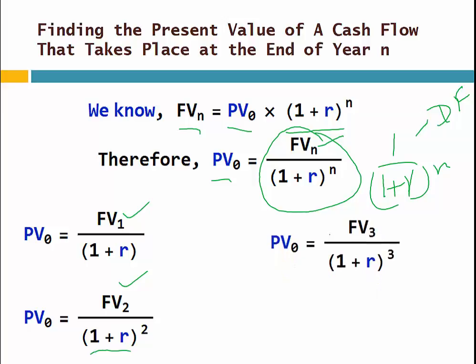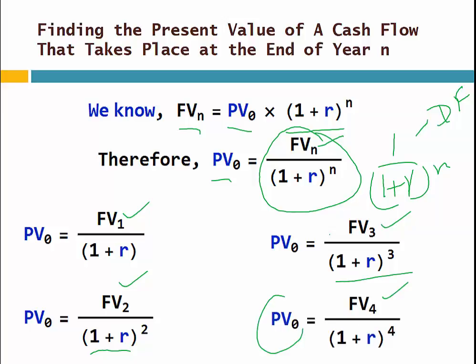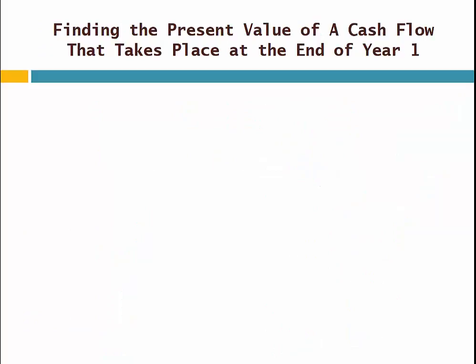Next example, if you know the future value at the end of year 3, what is the present value then? 1 plus r to the power 3, right? Very simple. If you know the future value at the end of year 4, what is the present value? Simply you divide the future value by 1 plus r to the power 4. So this is the concept we are going to use in the next few examples.